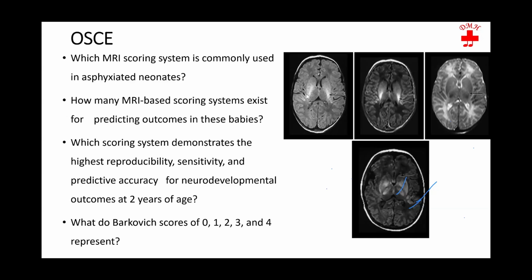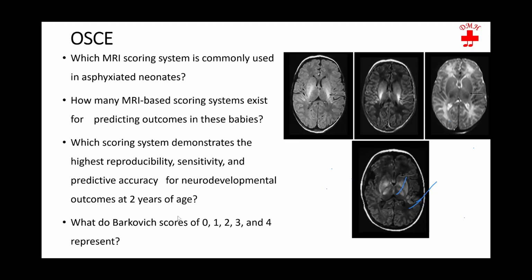So this is abnormal. This is normal. This is also normal. So these are normal MRI images, and this is an abnormal MRI image. You can see the basal ganglia is affected, the thalamus is affected, and there is loss of the posterior limb of the internal capsule.